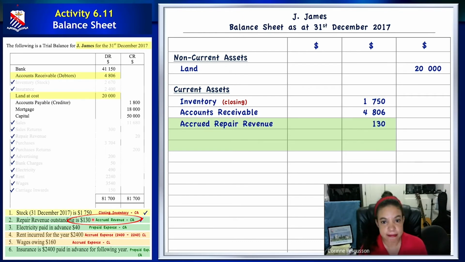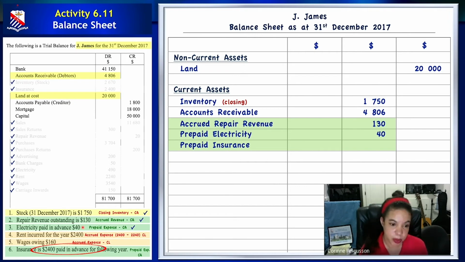Easy. Okay, the next one, your next current asset, you have a prepaid expense. So you write prepaid, and what is the expense? Electricity. And how much is it? $40. You just put it there. That's it. What is the next current asset? You have a prepaid expense. What is the expense? Insurance. So you put prepaid insurance.